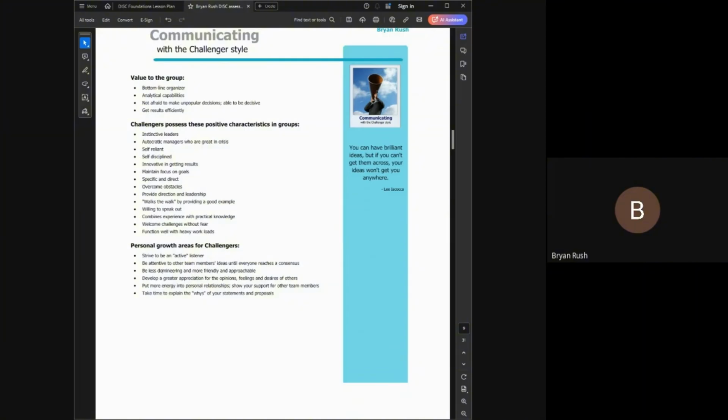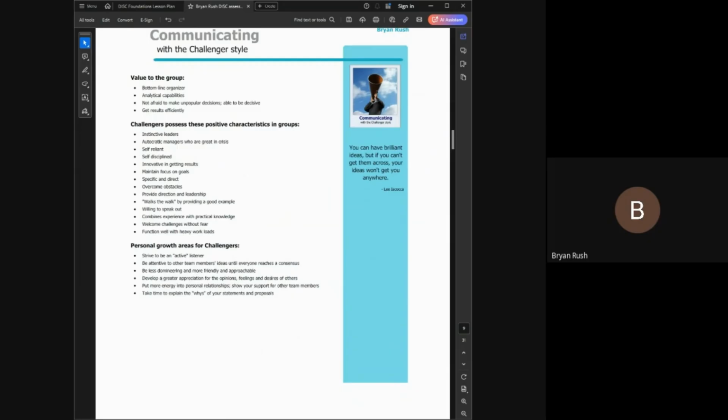So what this does is gives you very identifiable growth areas, which you can have an accountability partner and say, okay, by this time, we're going to meet again, and I want to put some actionable steps in place that my accountability partner can question me and ask, what have you been doing to work towards those identified goals? So the personal growth areas are really good for coaching as well as accountability partners. My coaching clients, we base a lot of our coaching on these personal growth areas over time.